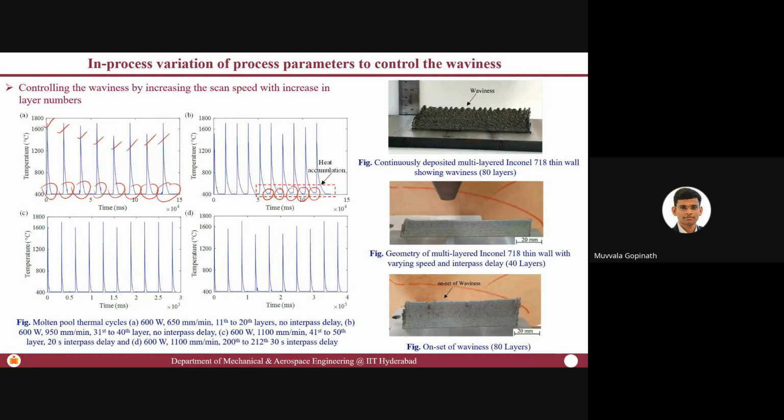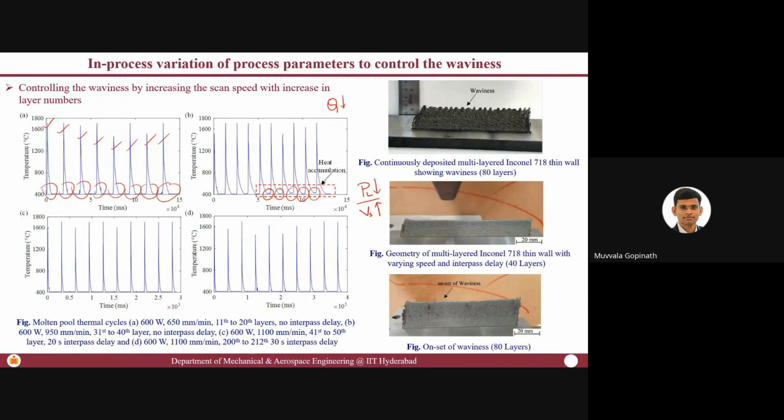The moment we see this, what we try to do is reduce the Q, the heat input. Now, what is the line energy? Line energy is the amount of energy supplied per unit length, that is laser power divided by scanning speed. Line energy can be reduced by reducing the laser power or increasing the scanning speed.